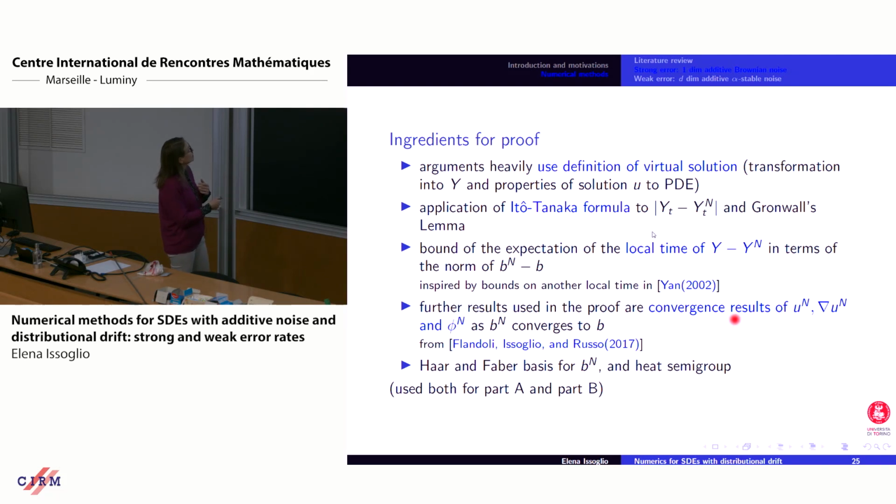Okay, and one last thing. In this setting, for this paper, we were using fractional Sobolev spaces, and we also used Haar and Faber bases to express Bn as a series that then we cut. And Haar and Faber bases are nice for numerics, because they are piecewise constant or piecewise linear. I mean, Faber is the integral of Haar.